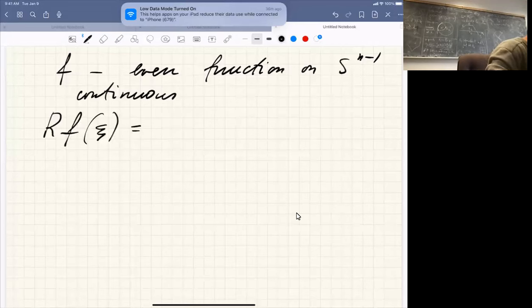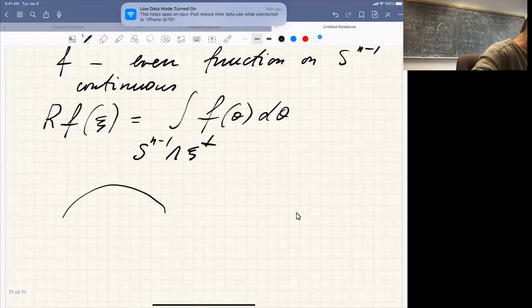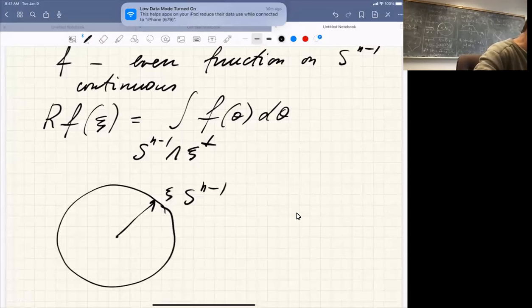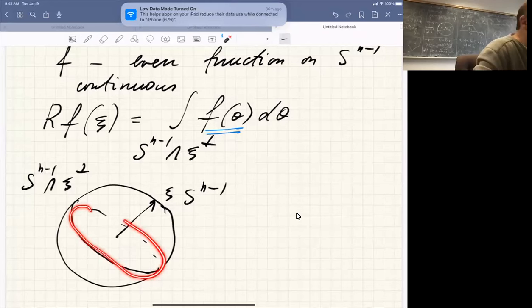What I'm going to do is average the values of my function over the equator orthogonal to psi. So the picture is like this. This is my S^{n-1}. This is my direction psi. This is my S^{n-1} intersection psi perp. So I have the values of my function f, and I average them over this equator. This is my spherical Radon transform.